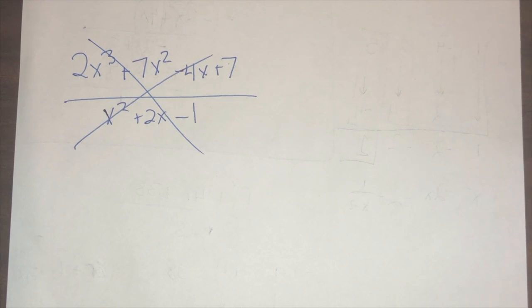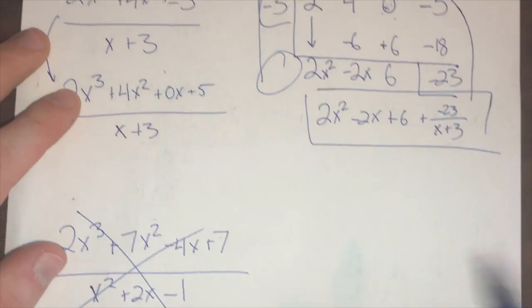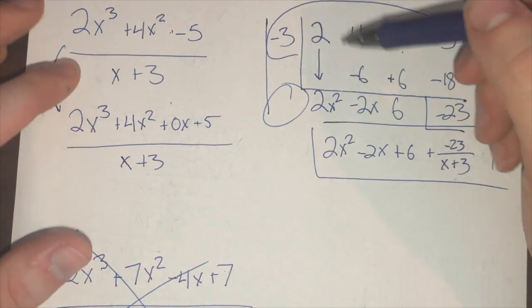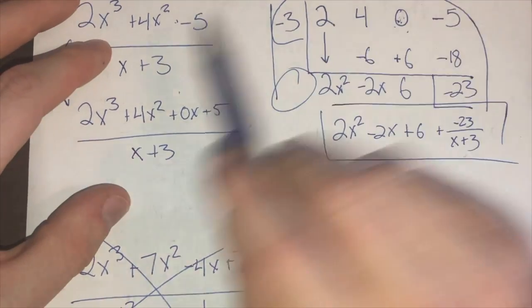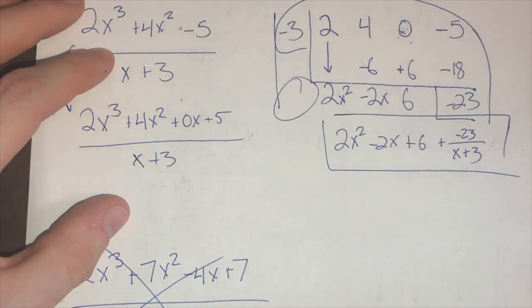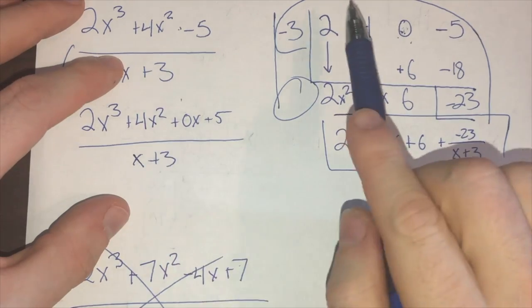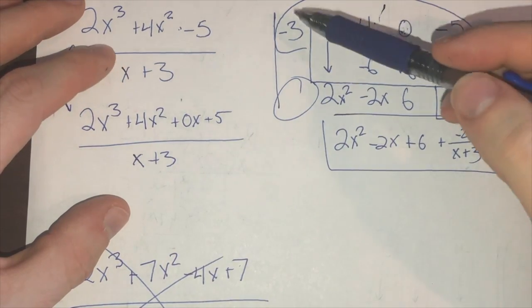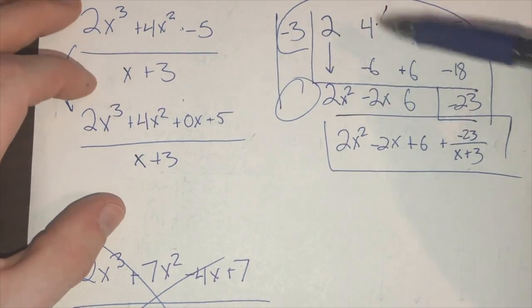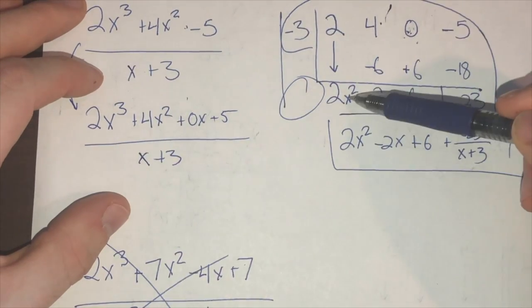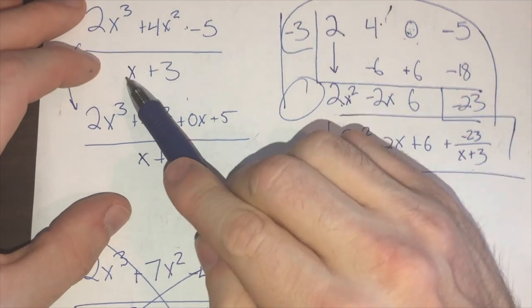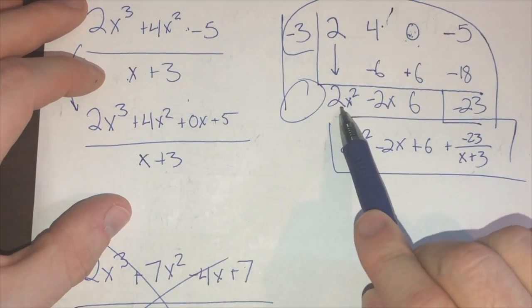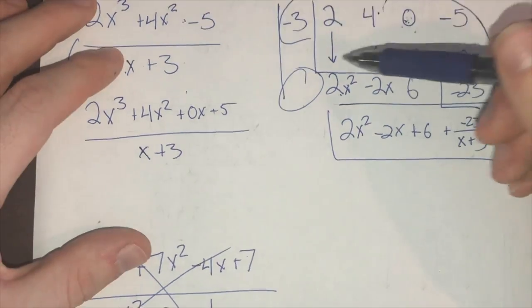The reason that it doesn't really work is notice how I've got 2 rows here. The 2 rows has to do with the fact that every time, remember this is an x plus 3, so if we go back to what we know about long division, this has to do with the fact that I'm always multiplying by 2 things. When I get my leading term over leading term, I always multiply that by x, and then I multiply it by 3, okay?